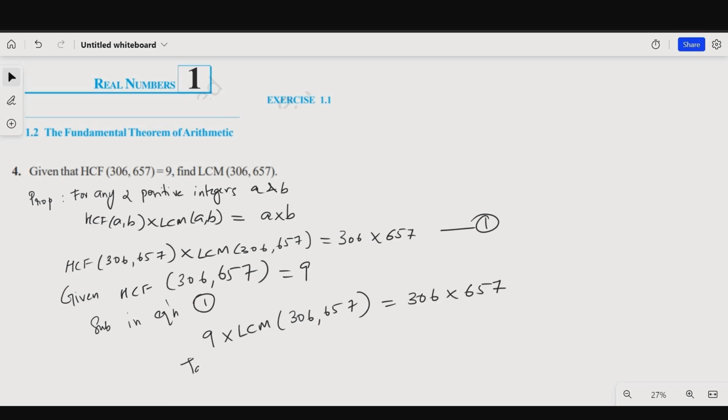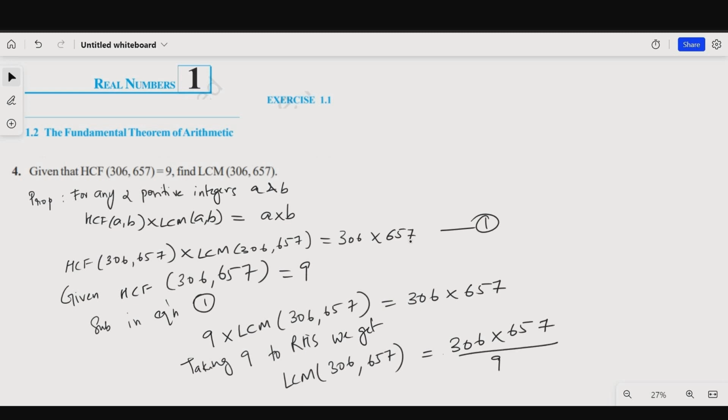Now taking 9 to RHS, we get LCM of 306, 657 is equal to 306 into 657 divided by 9, because since 9 was multiplication, when it is taken to the other side it becomes division.